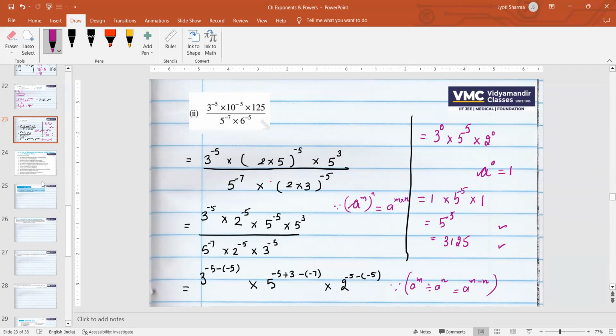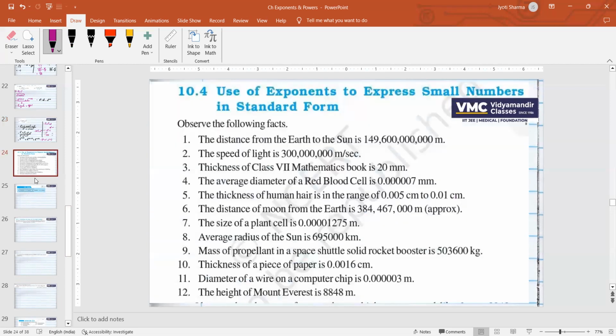Finally, we are reaching the last concept of the chapter, which is expressing large numbers using the standard form.